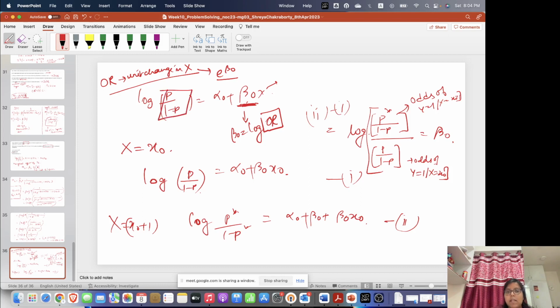This p by 1 minus p is actually the odds, but this one is the ratio of two odds, so this is the odds ratio. Any confusion? Do you want me to explain once more? No, ma'am, it's okay.